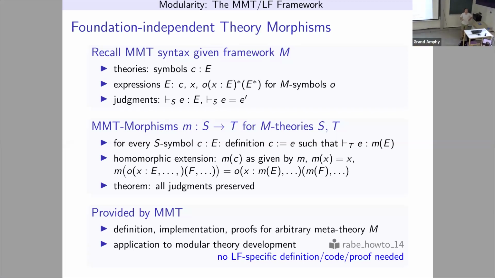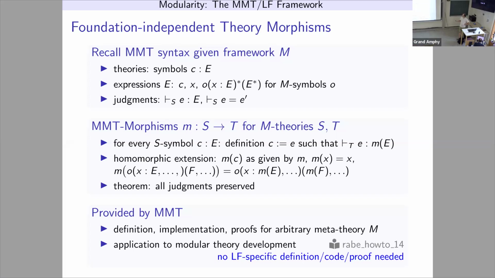So MMT generalizes this. Instead of just doing it for LF, it does it in general. So recall MMT theories are just lists of symbol declarations. Expressions are just constants, variables, and these complex terms, which do binding and application, with typing and equality judgments. And now morphisms are defined the same way.